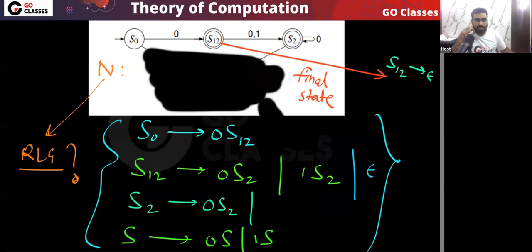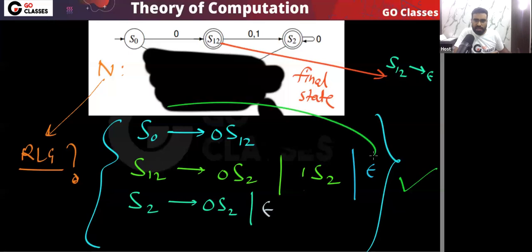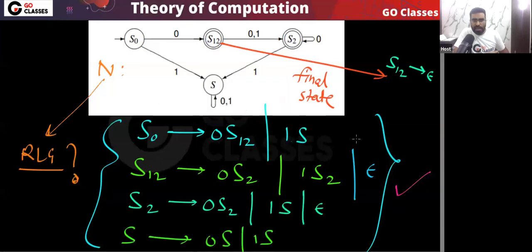Finally it will be just simply epsilon, and these productions also will be gone. Okay, so that's it. So this grammar is also correct. You can just remove the dead state. Very simple. I hope you understood everything so far.